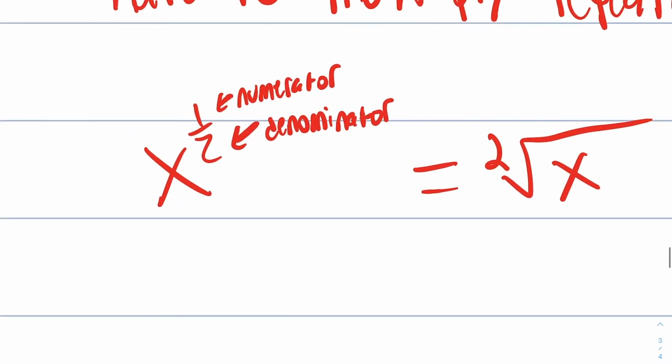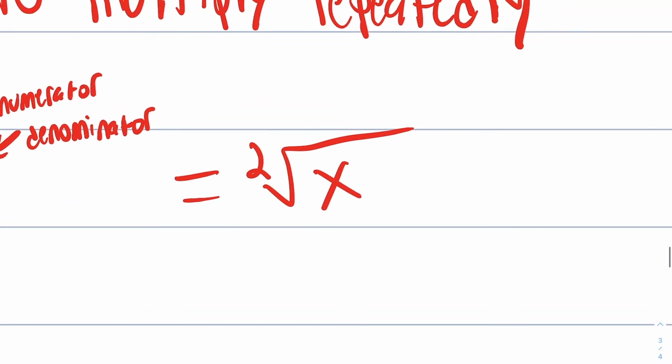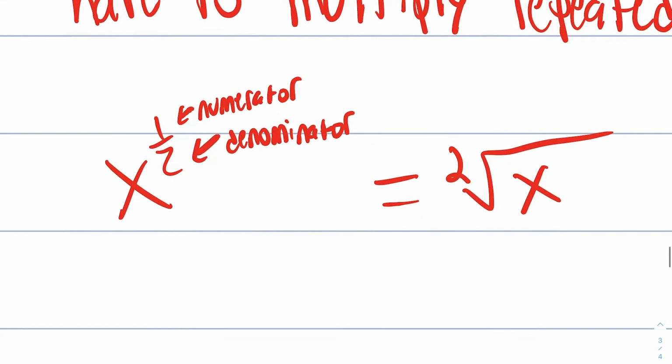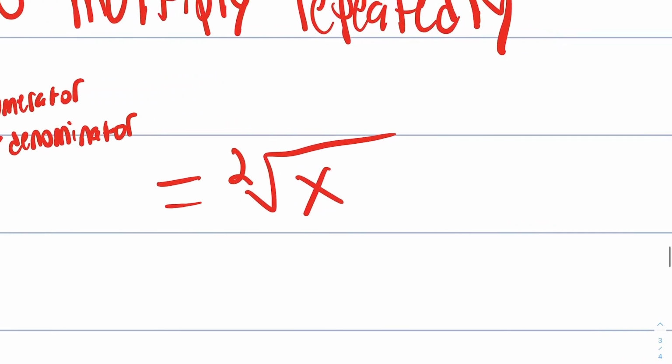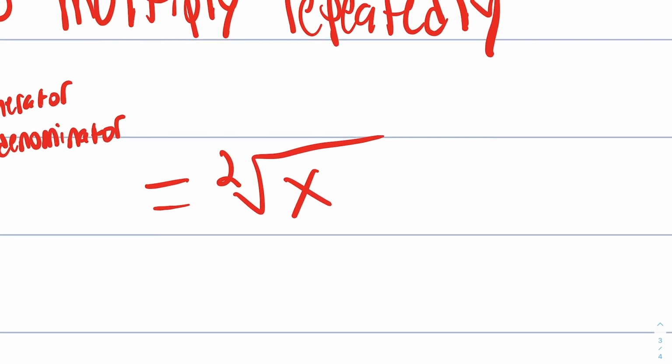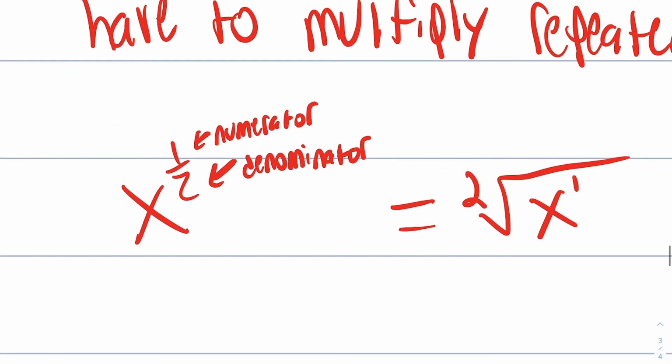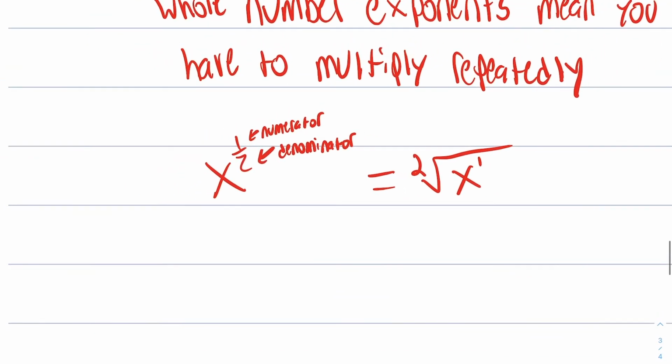Since the denominator is 2, that means we are going to do a square root. The numerator of the fraction tells you the power of what's going inside that square root, which is the power of 1. So the top number tells you the power, and the bottom number tells you the root.